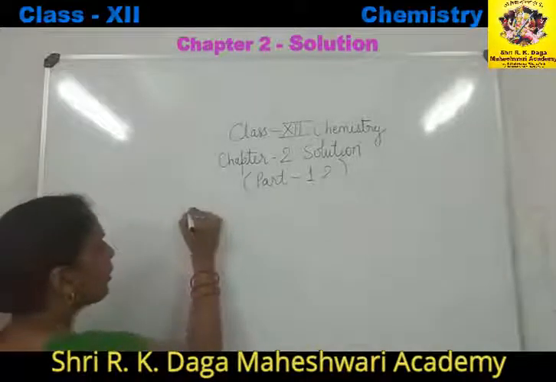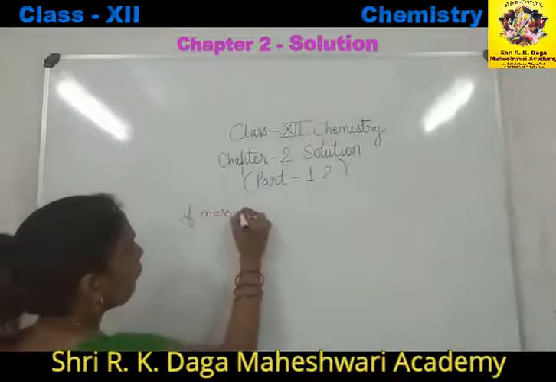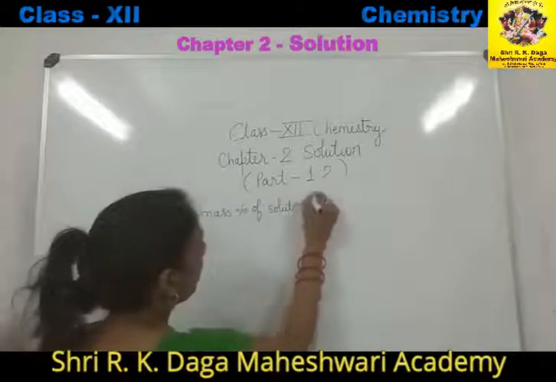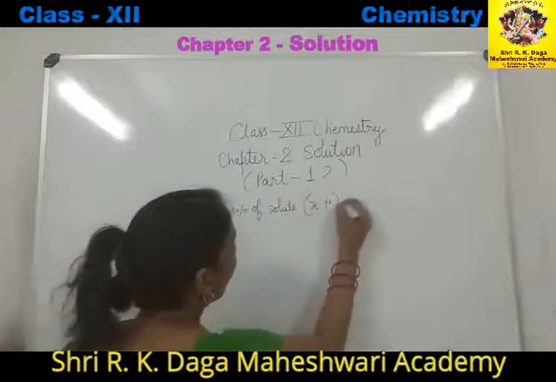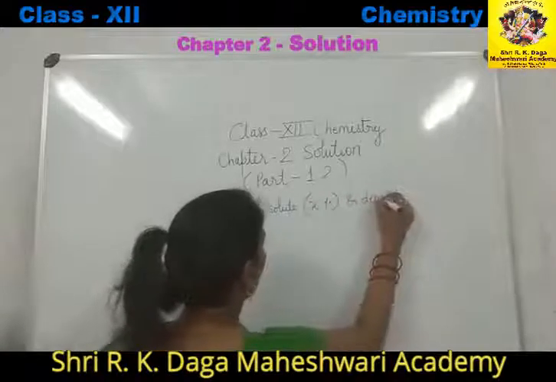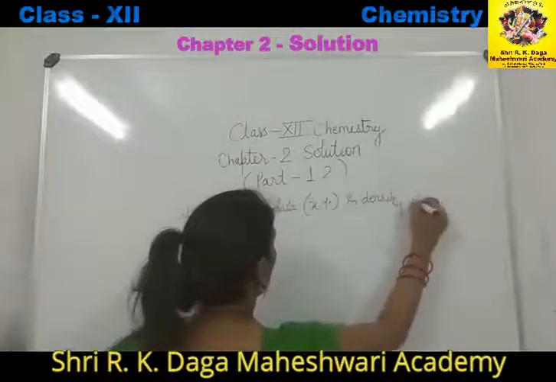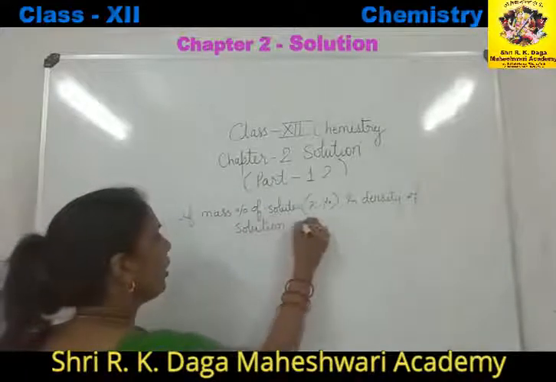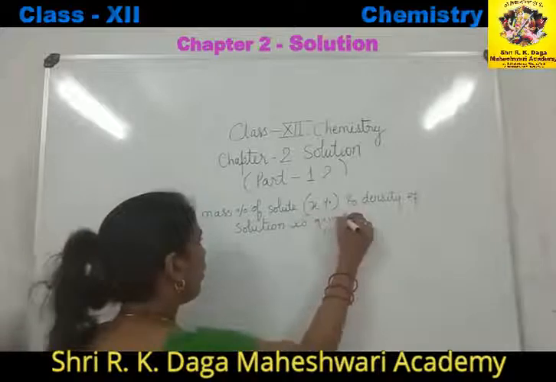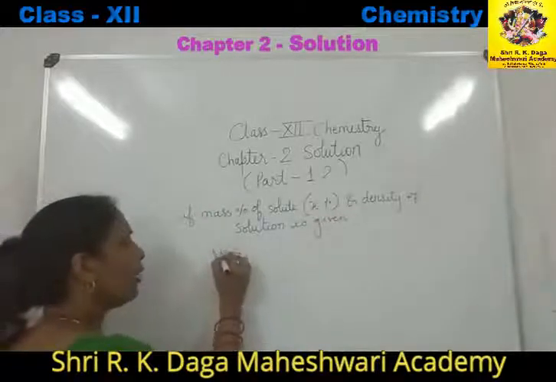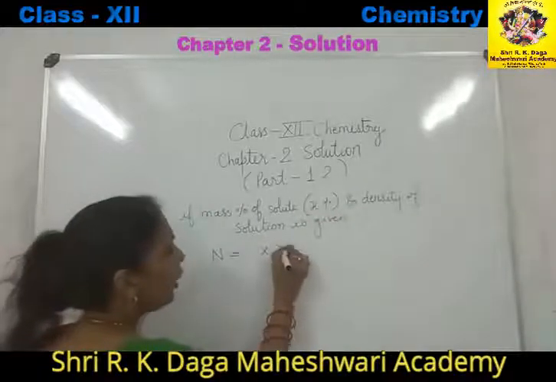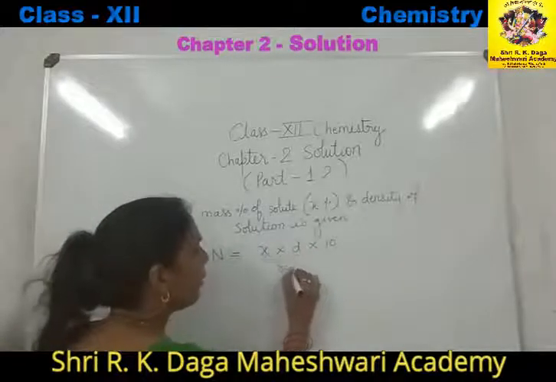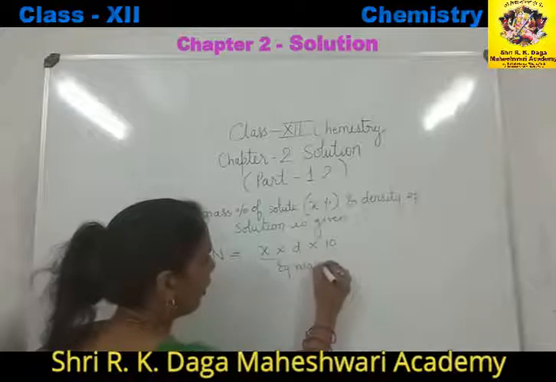If mass percentage of solute, which is generally represented by X%, and density of solution is given, under such condition, normality can be calculated by X into D into 10 divided by equivalent mass of solute.